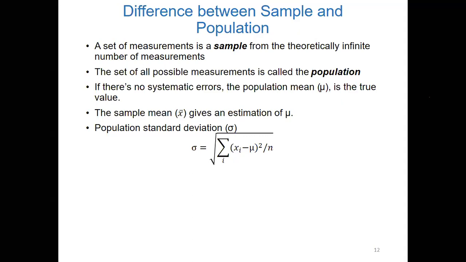But when we have a large set of data, even though we take n or n minus 1, there's no significant impact. Therefore, when we talk about the population, we just divide the entire thing by the number of measurements. So these equations, you have to remember.